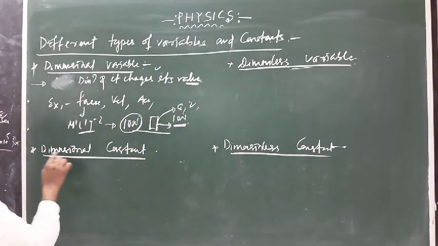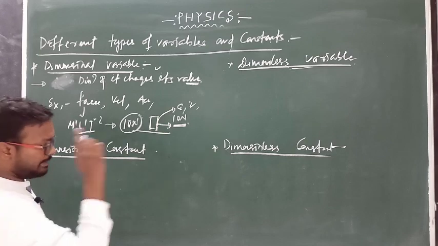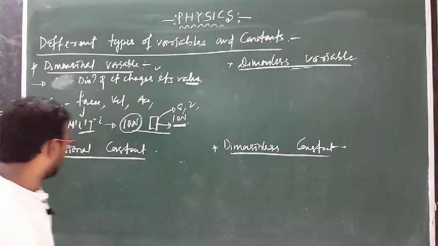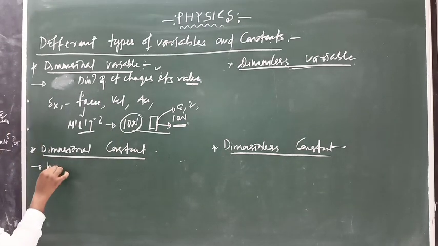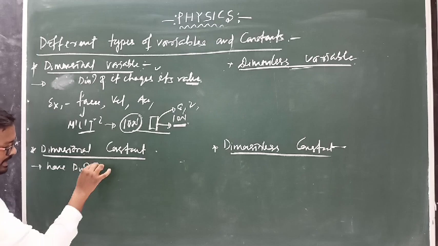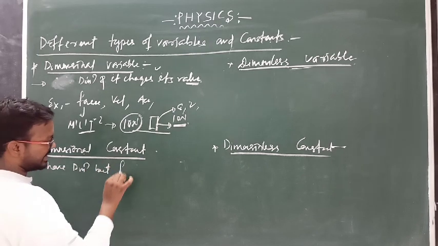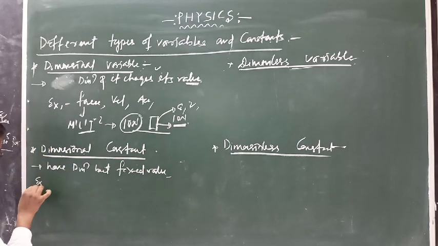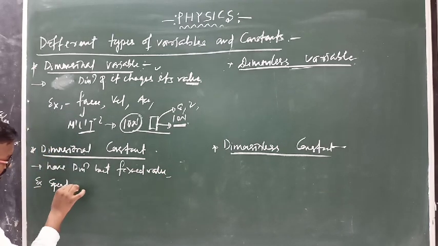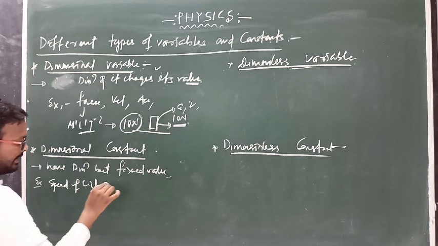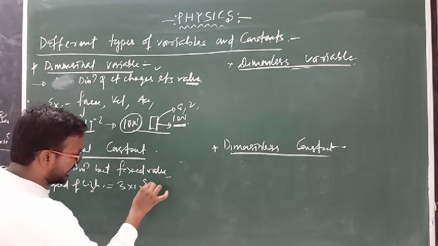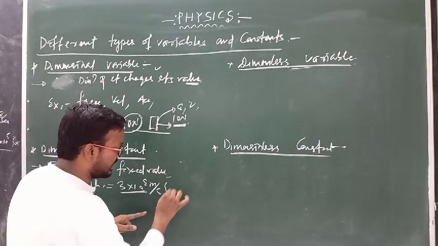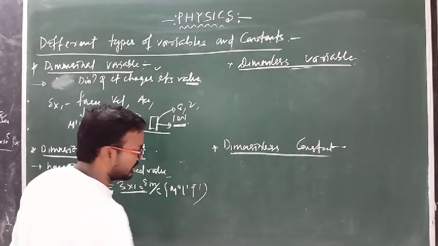Clear? Similarly, dimensional constant. Such physical quantities possess dimension but the value remains constant. They have dimension but fixed value. Like speed of light, 3 into 10 to the power 8 meter per second, this value remains constant but it has dimension, that is M0 L1 T minus 1.